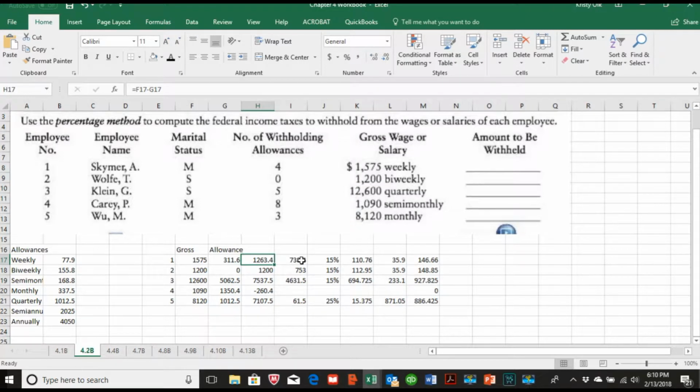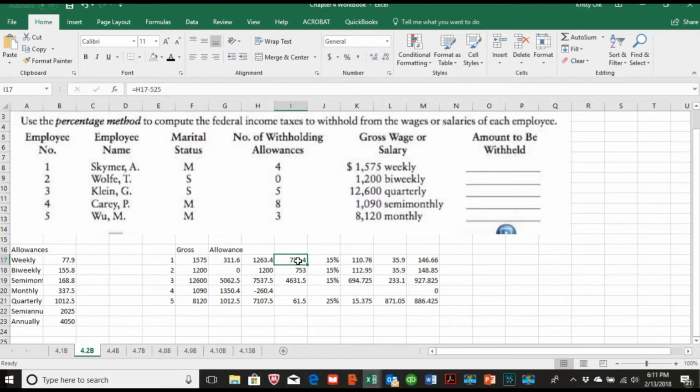Then we have to determine the withholding on the excess by referring to the appropriate percentage method withholding table. So we took this and we went to the withholding table. We found out what that gap was, and it would tell us a certain percentage over a certain number. So in this case, it was 15% for everything over 525.